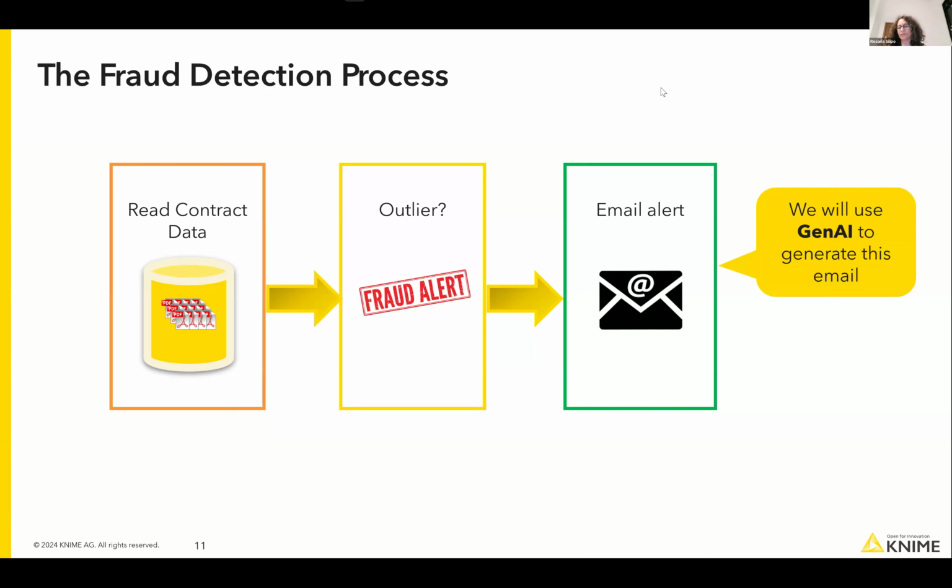I use the GenAI to create the email text because that's what GenAI does best. I also used it to detect the outliers, but this one somehow was not that successful. If you want, we can discuss that more. I mean, it worked, but sometimes it worked, sometimes it didn't, and I couldn't control the process well enough to make sure that I knew what I was doing.